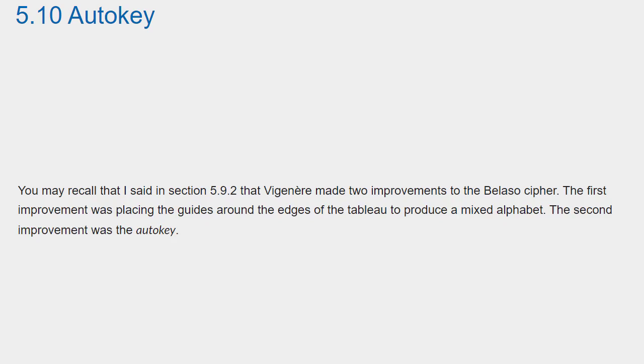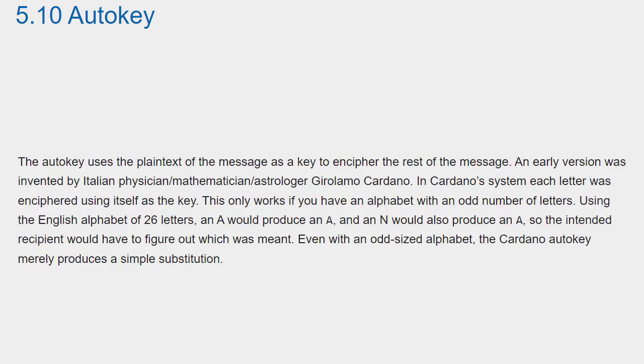Section 5.10 Autokey. You may recall that I said in section 5.9.2 that Vigenère made 2 improvements to the Belasso cipher. The first improvement was placing the guides around the edges of the tableau to produce a mixed alphabet. The second improvement was the autokey.